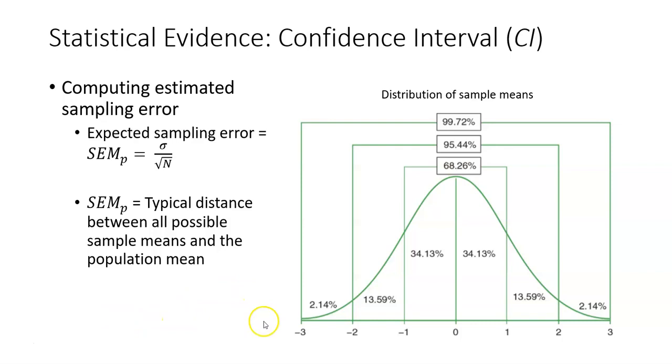And it's still going to be based highly on the distribution of sample means and specifically this rule that 95% of all possible sample means are going to be between 2 SEM steps above the mean and 2 SEM steps below the mean. We're going to use the knowledge of that to compute a confidence interval.